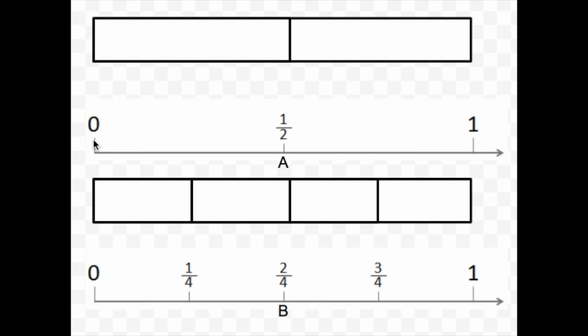So let's first look at our number line up on the top that shows A. When I count my jumps from 0 to half and from half to 1, I'm going to demonstrate it by showing this. And this helps me to see that there's 1, 2 jumps.